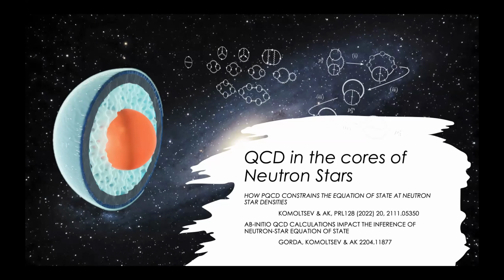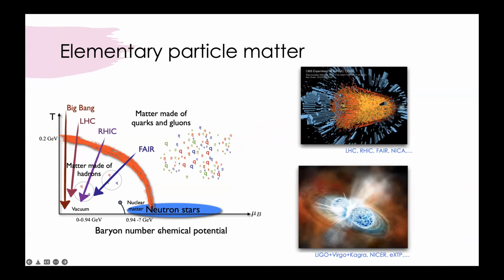But let's start with an introduction. So of course, in this seminar series, I don't have to motivate that studying the phase diagram of QCD is extremely interesting. And of course, colliders have done a fantastic job and are doing a fantastic job in that.